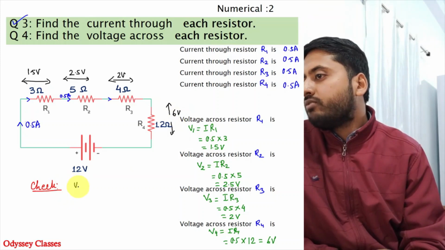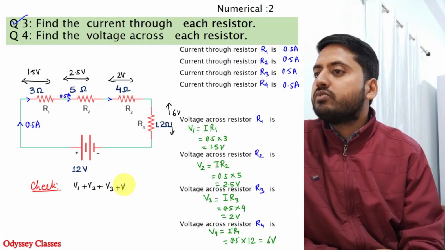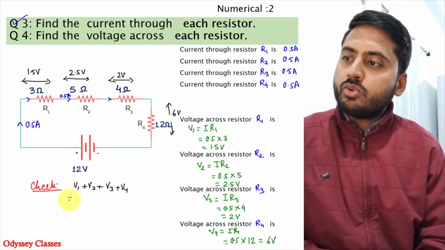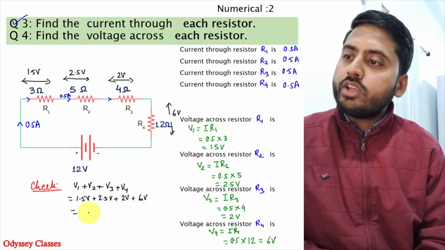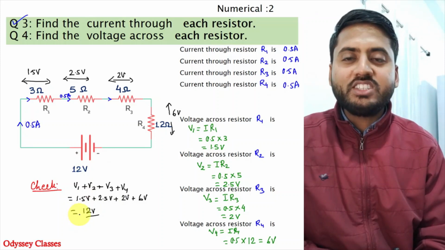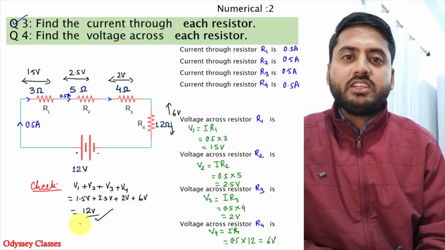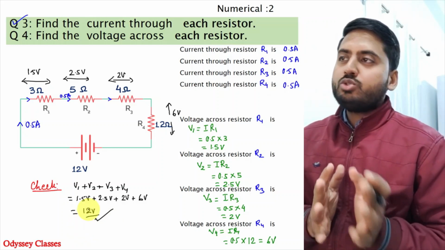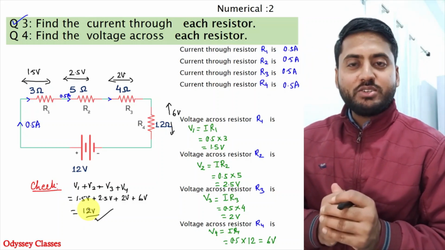So if we add V1 plus V2 plus V3 plus V4, this is 1.5 volt plus 2.5 volt plus 2 volts plus 6 volts. This is going to be the same as 12 volt, which is the supplied voltage. Okay, so this is correct then. So this is a way to solve a series circuit and to verify your answer.